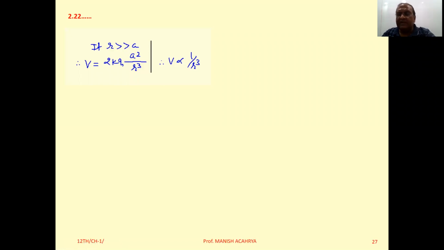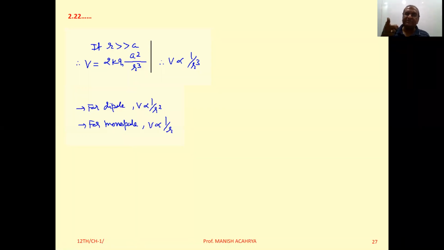This means in case of a quadrupole, if we take r very much greater than a, then the potential is proportional to 1 upon r cube. But in theory, we already discussed this thing. In case of a dipole, if we take r very much greater than a, then the potential is proportional to 1 upon r square.